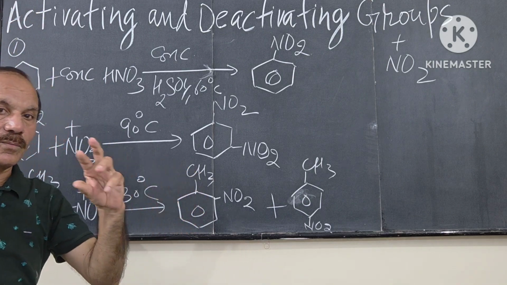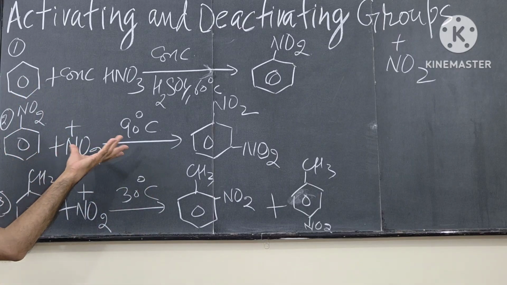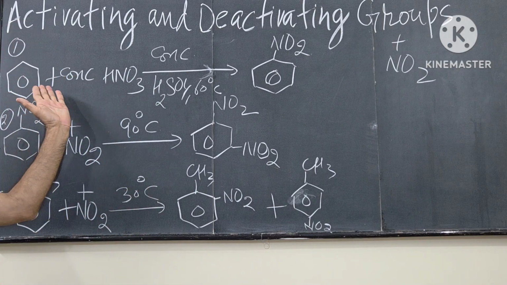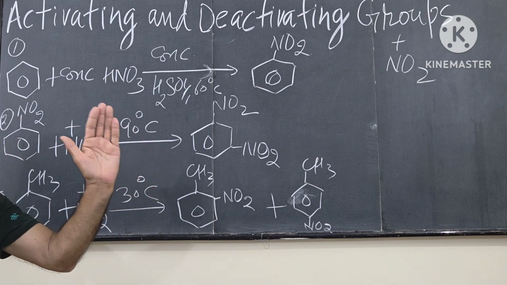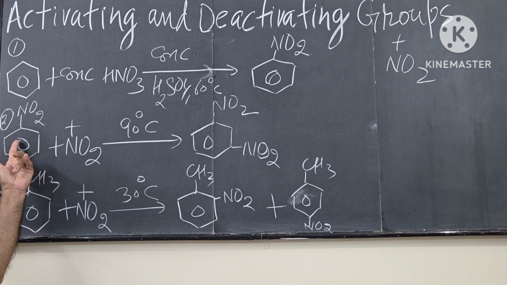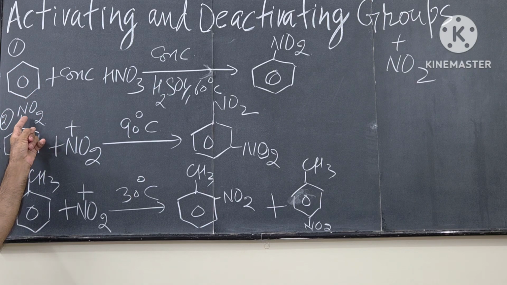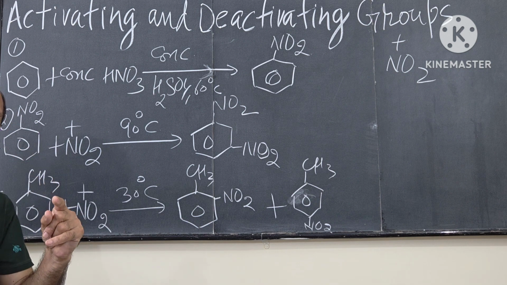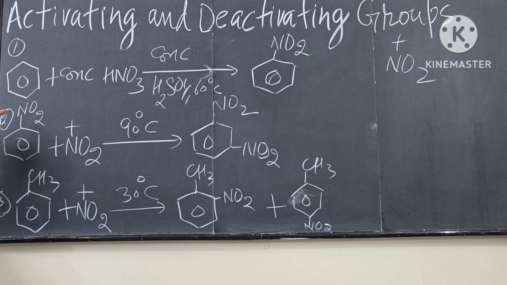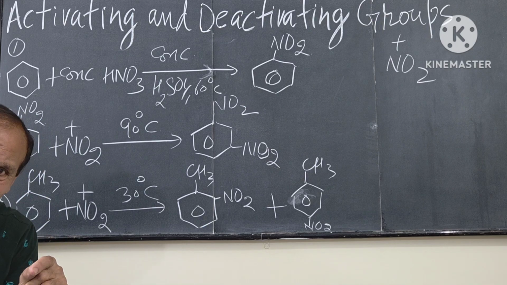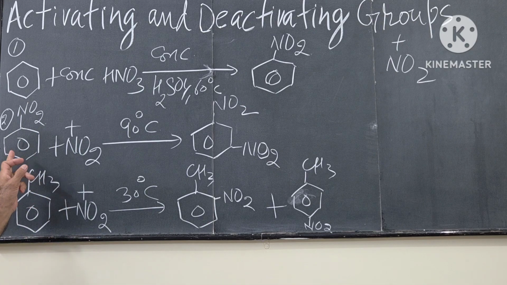The more heating of the reaction mixture here as compared to reaction 1 shows us that this compound is less reactive than benzene. And this is because of the NO2 group present on the benzene ring, which decreases its reactivity. And we say it is a deactivating group.